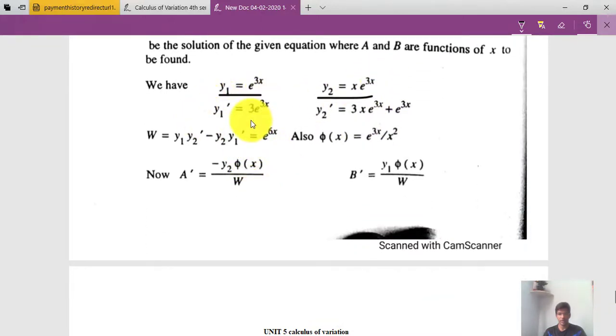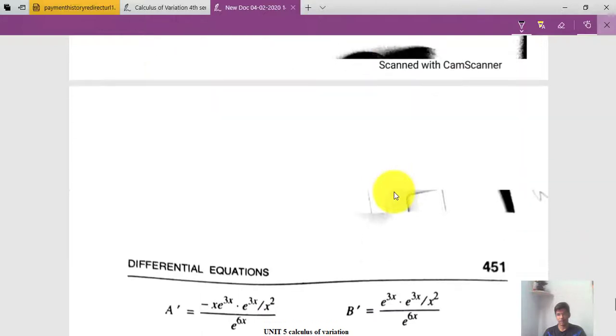If I differentiate y1, this turns out to be 3e^(3x). Differentiating y2 by the UV rule gives 3x e^(3x) + e^(3x). Then if I take the Wronskian, it turns out to be e^(6x), and phi of x is e^(3x) divided by x squared. Therefore a prime is equal to minus y2 phi of x divided by W, the Wronskian, and b prime is y1 phi of x divided by the Wronskian.